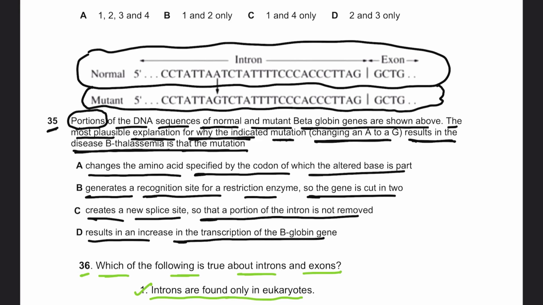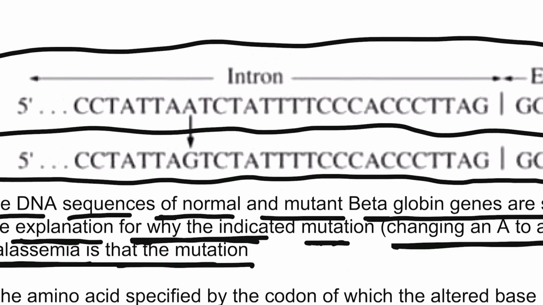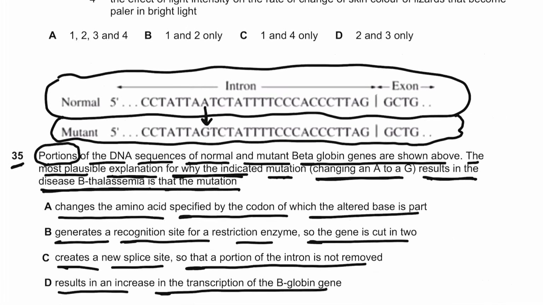Let's look at this MCQ carefully. So there's a mutation, and where is the mutation? In the intron, right? There's a change from A to G. So guys, always remember this point, that whenever a mutation occurs in the intron, it is non-coding.